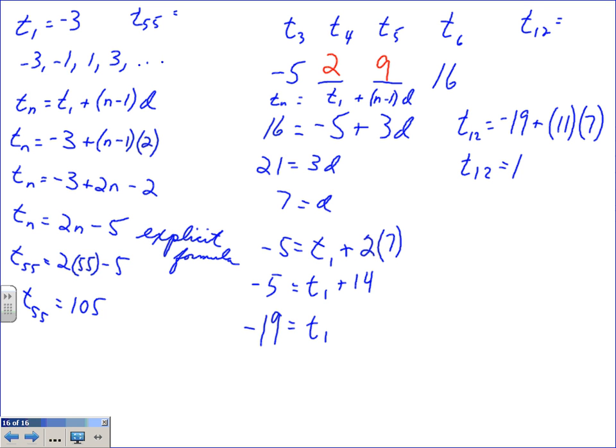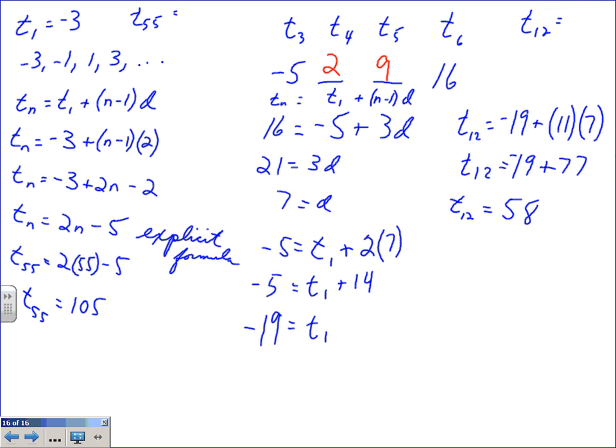The 12th term is equal to -19 plus 77. And the 12th term would be 58. Right?